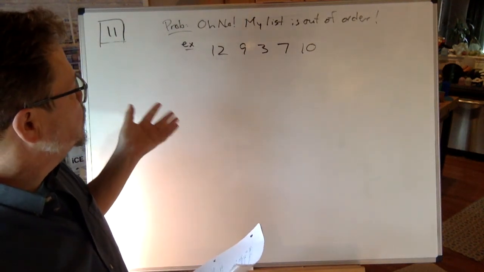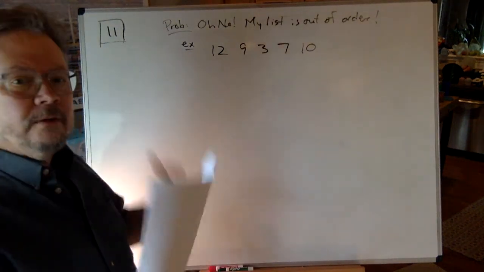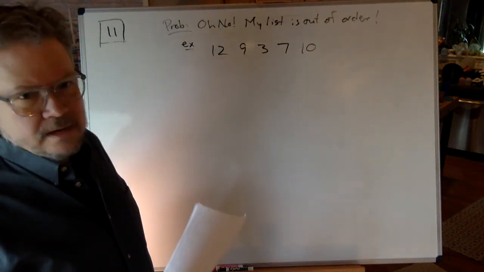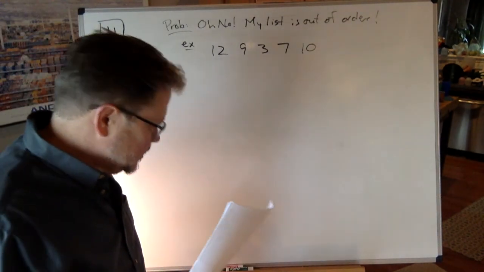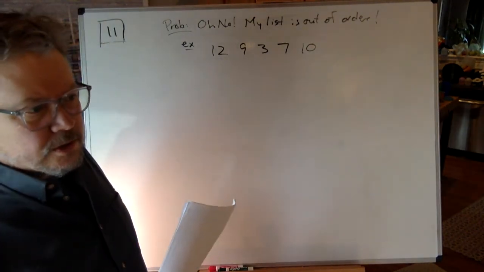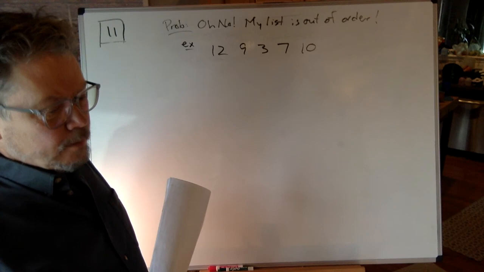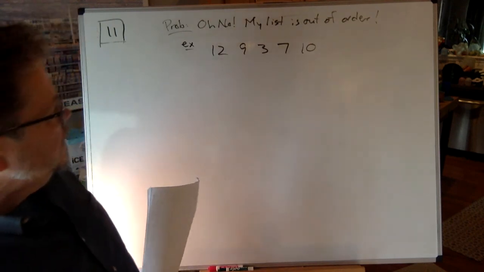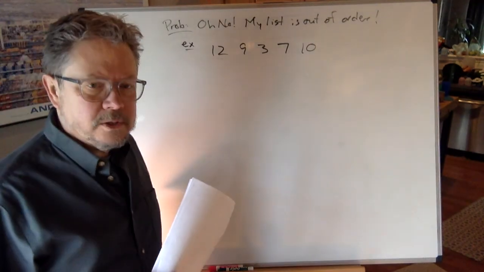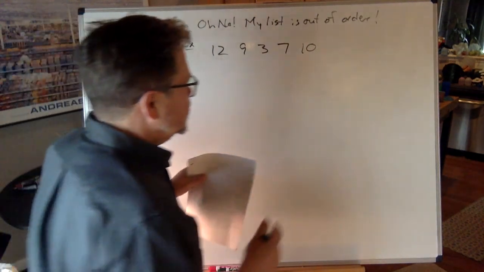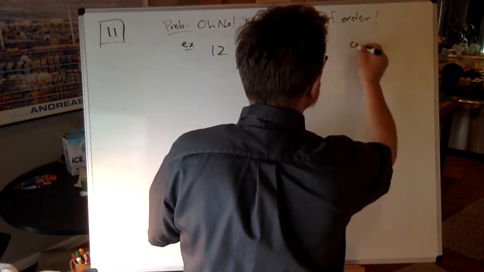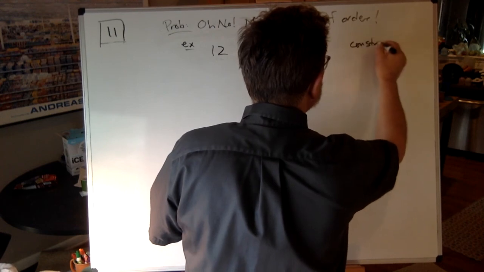That's going to be what? 3, 7, 9, 10, 12. Problem solved. That's not an algorithm. That's not a stepwise sequence. And that does not take into consideration the poor computer that is not quite as smart as we are by being able to just take a glance and say, okay, this is what they should be when they're in order. The computer, bless its heart, has to work under constraints. Constraint.